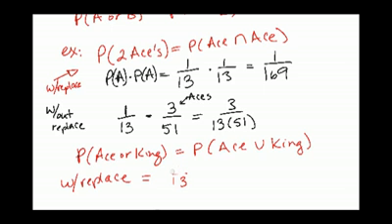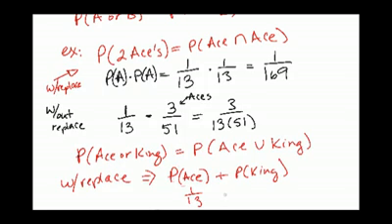But before I get to that, I should do the general formula, which is the probability of ace plus the probability of king. Right? So 1/13 plus 1/13 equals 2/13.